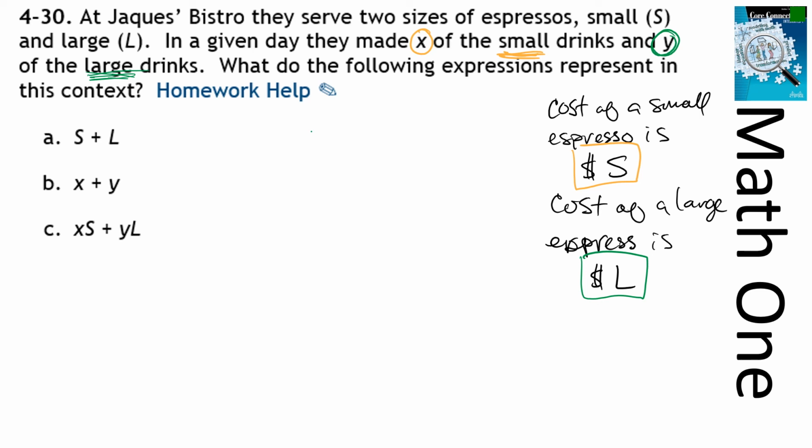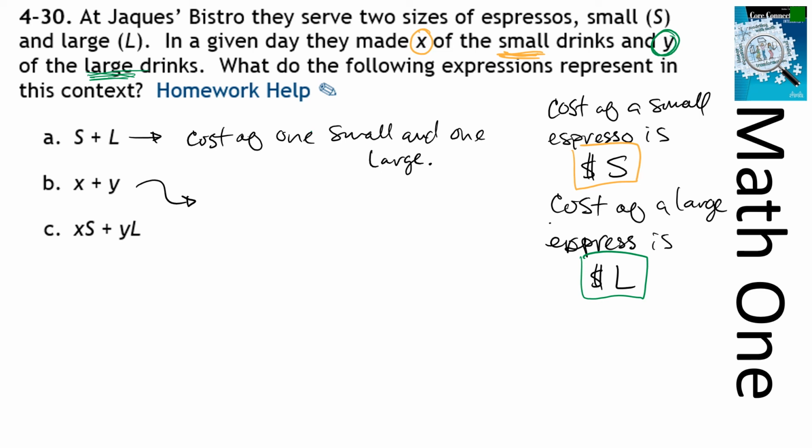So S plus L, this is pretty straightforward. It would be the cost of one small and one large. It's like one to get you started in the morning, and then one for later on as a booster shot. Let's see, what would be X plus Y?